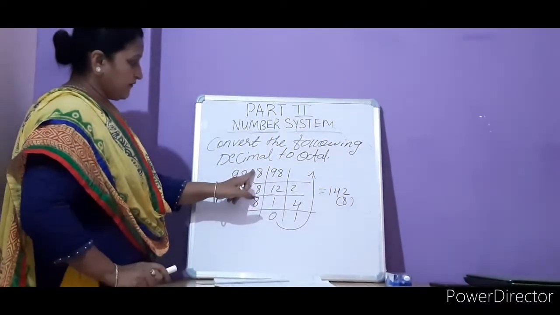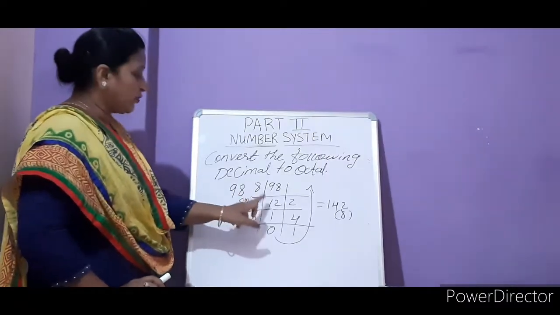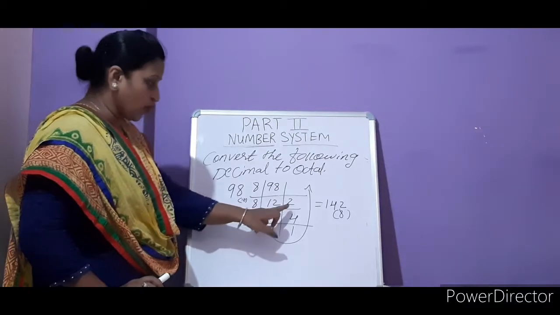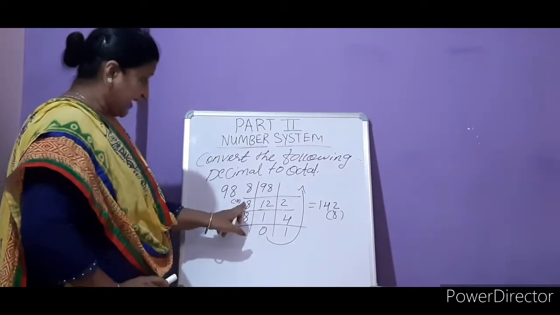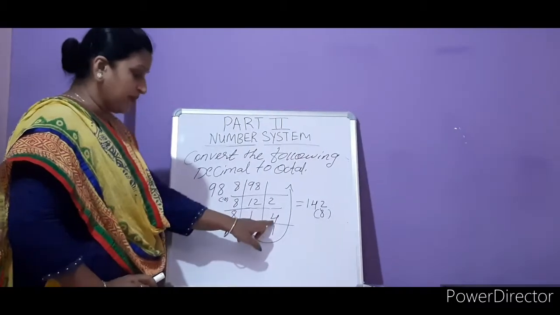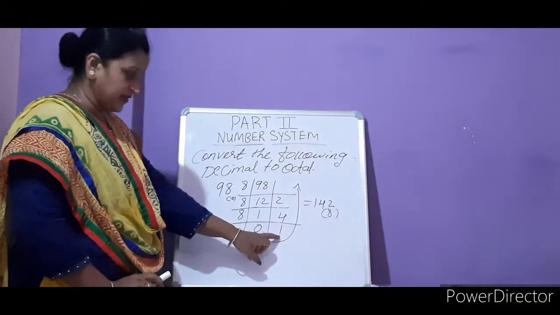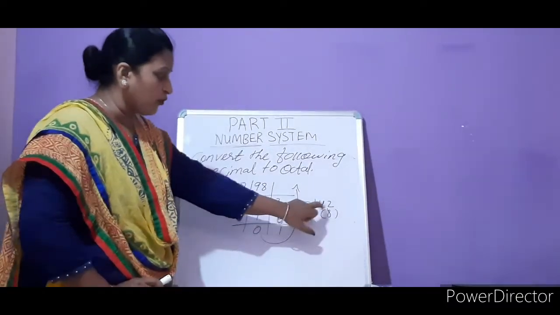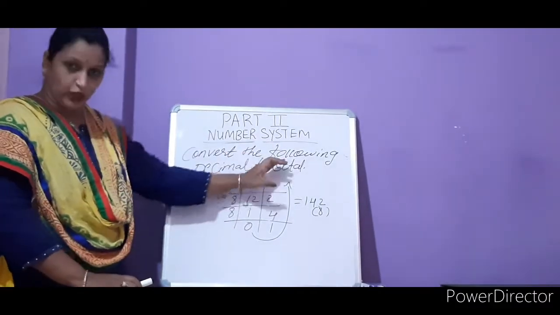So how will we do this? 8 12s are 96, so 2 will be remainder. 8 ones are 8, so 4 will be remainder. Then 8 zeros are 0 here and 1 here. So altogether 1 4 2 answer will come. So we have converted from decimal to octal.